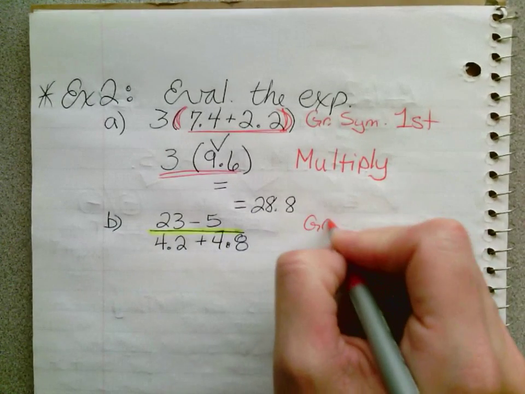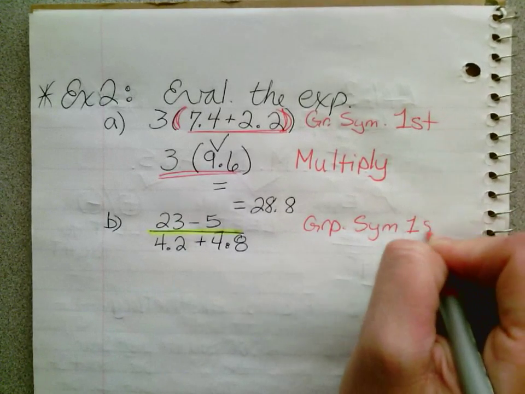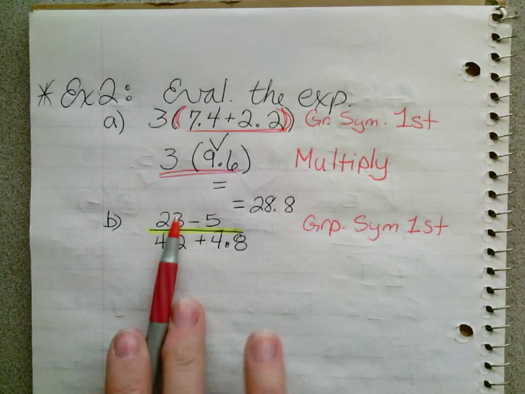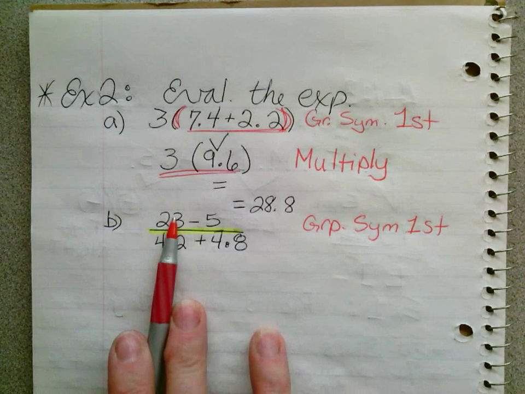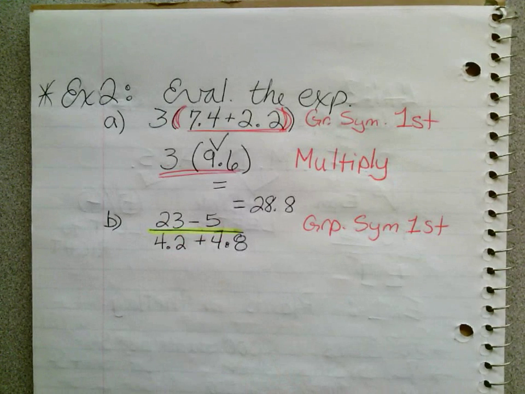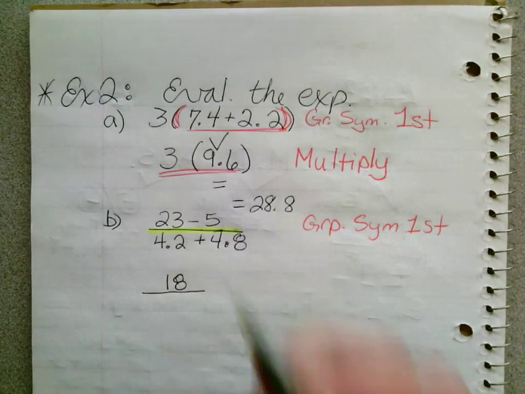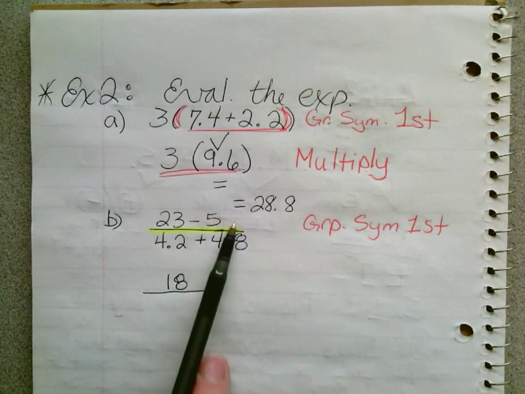So we are going to do the items that are grouped first. And I'm going to explain what that means. 23 and 5's difference is clearly grouped together up here. And if you found the difference, you would end up with 18, right? 18 is the simpler version of 23 minus 5.